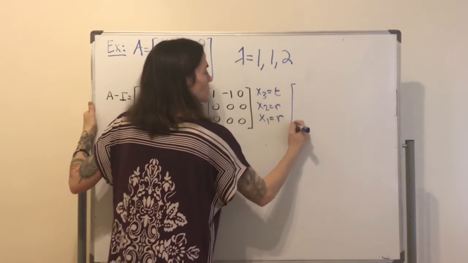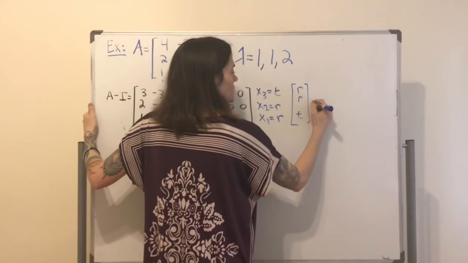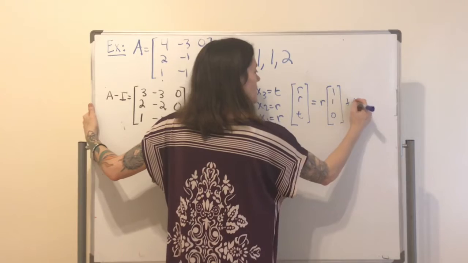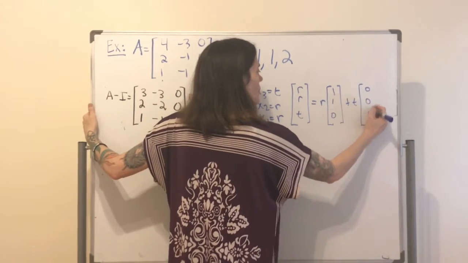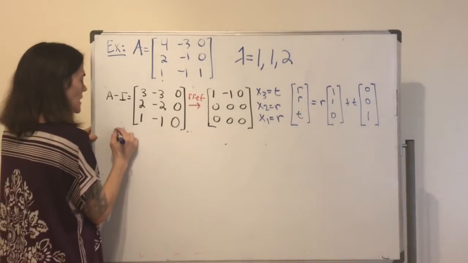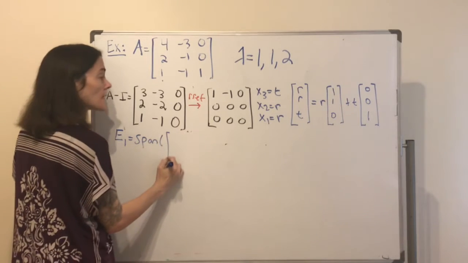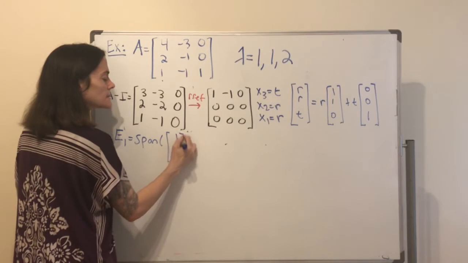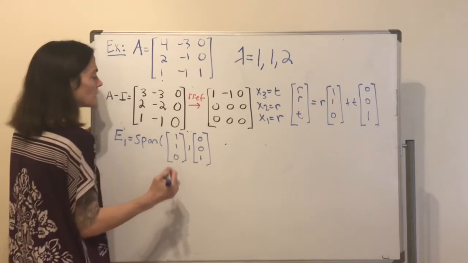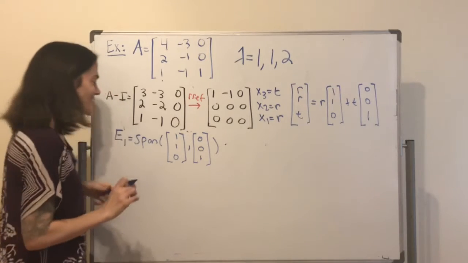So a general vector in the kernel looks like r, r, t, which is r times 1, 1, 0 plus t times 0, 0, 1. Now we see E1 has the following 2 vectors as a basis. And you can check, for example, that both of these are in the kernel of this matrix.